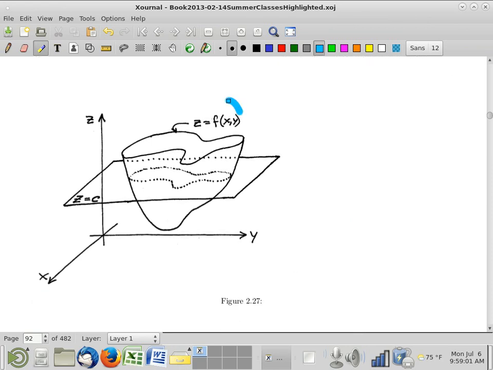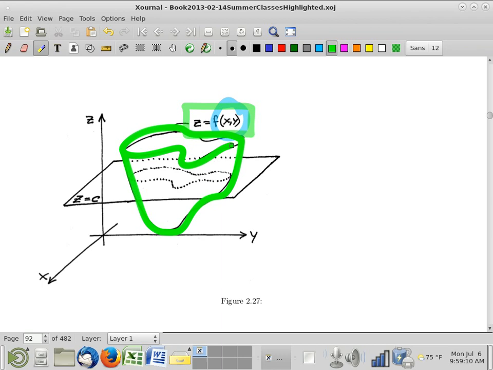Got some function f. If I set f equal to z, that gives me this graph surface.